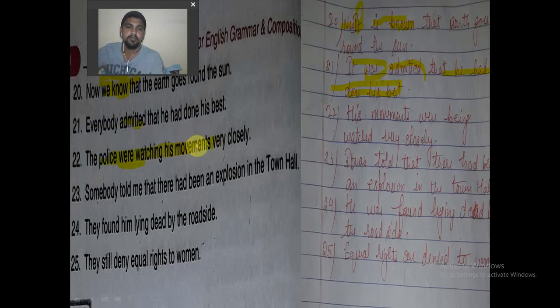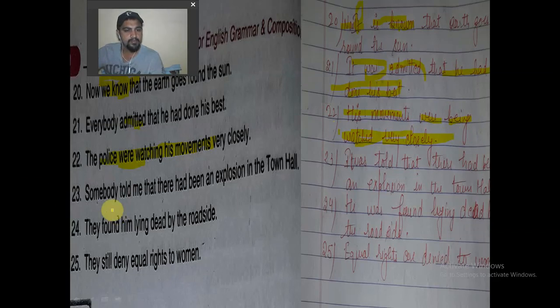His movements are plural, that is why were. Was, were plus being plus verb third form would be used. So his movements were, then being, then watch would be changed into watching, would be changed into watched, third form of verb, very closely, that would remain the same.